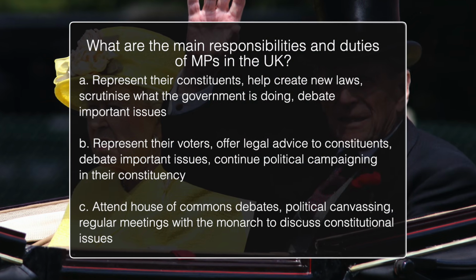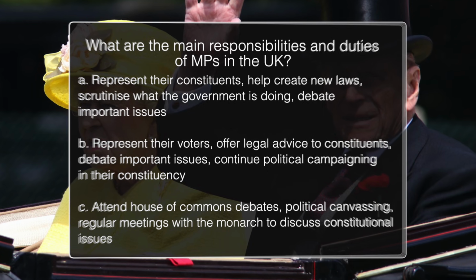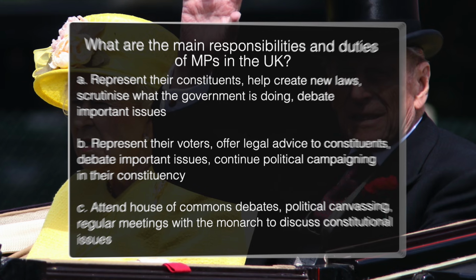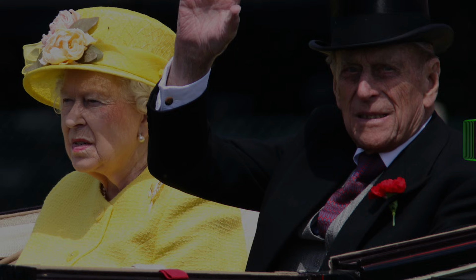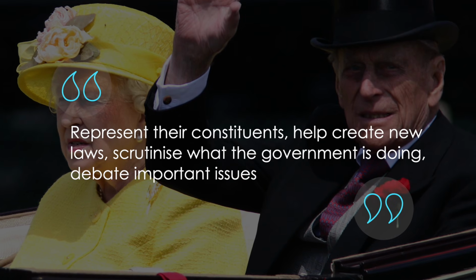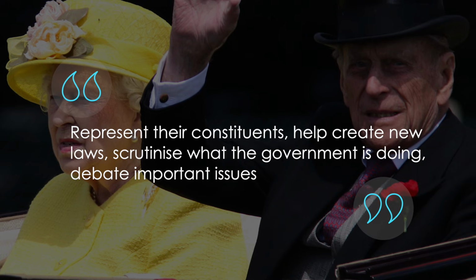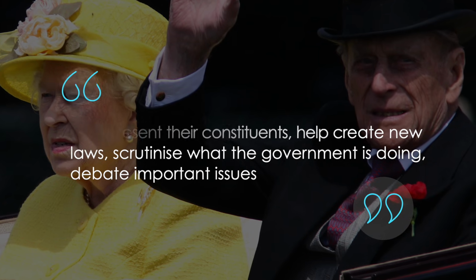Or C. Attend the House of Commons debates, political canvassing, regular meetings with the monarch to discuss constitutional issues. The answer is A. Their main duties and responsibilities are to represent their constituents, help create new laws, scrutinise what the government is doing, and debate important issues.